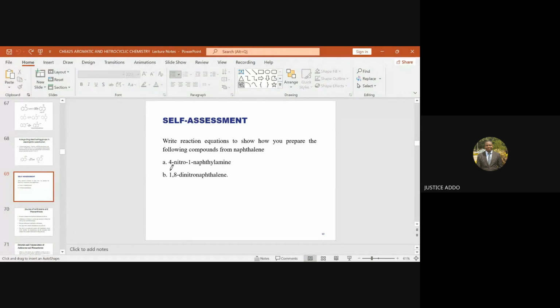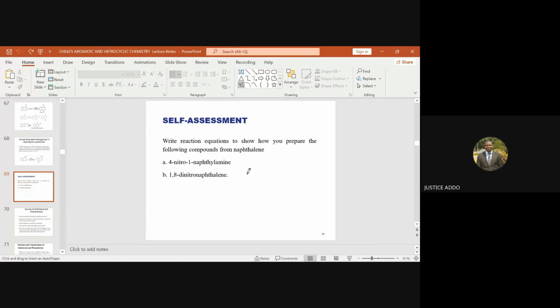Then we have 1,8-dinitronaphthalene. Again, it also will go through 2 nitration stages. When you perform the first nitration, you form the nitronaphthalene, you don't reduce it to NH2. Now the nitro group is a deactivating group.